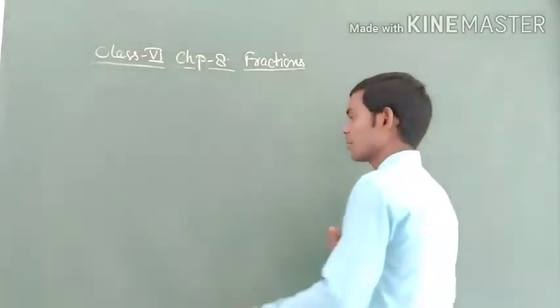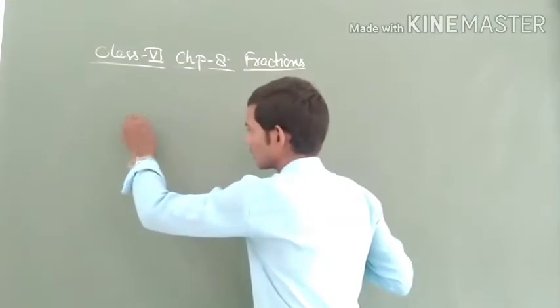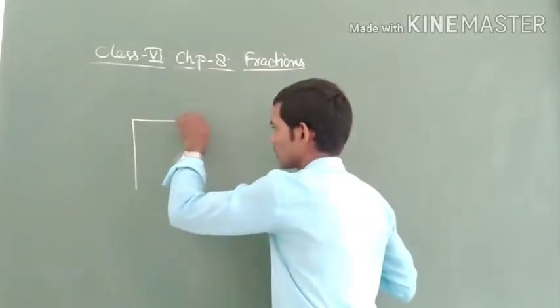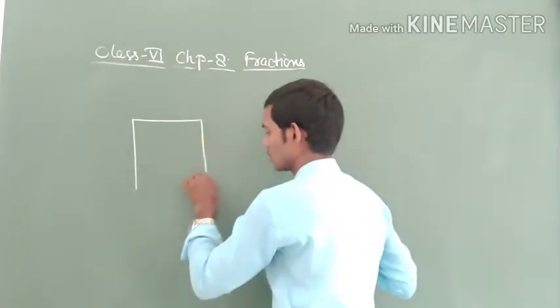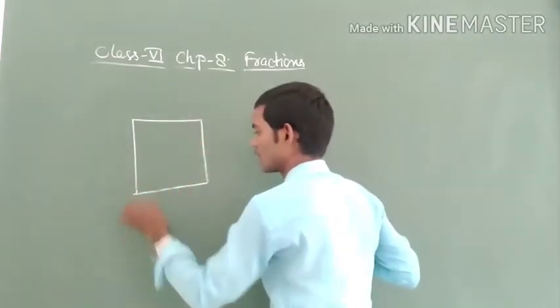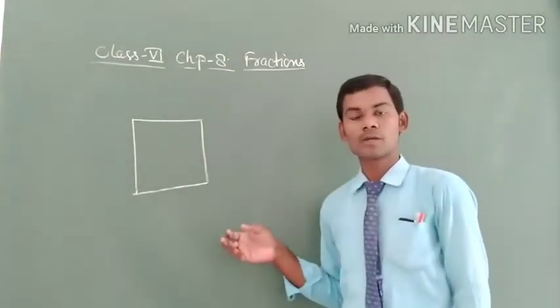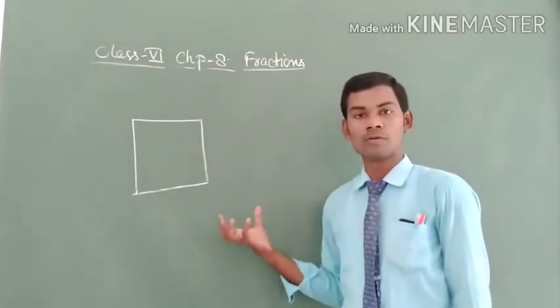Suppose there is any object, suppose this is a square, and here we can see that this figure is whole.